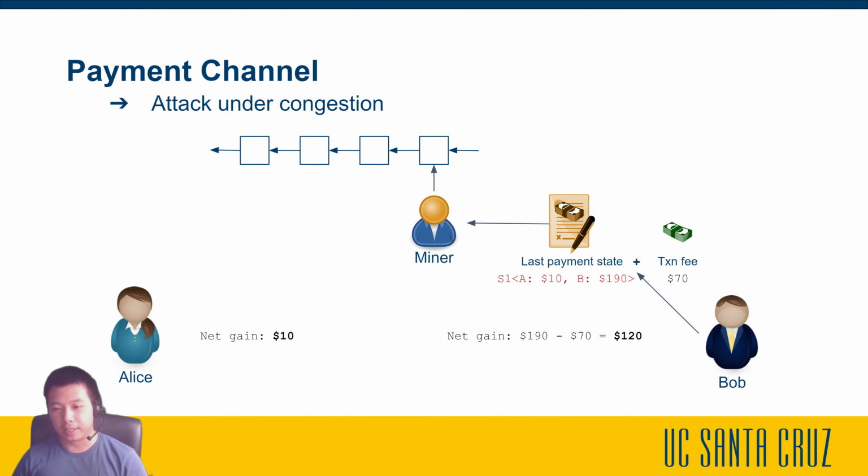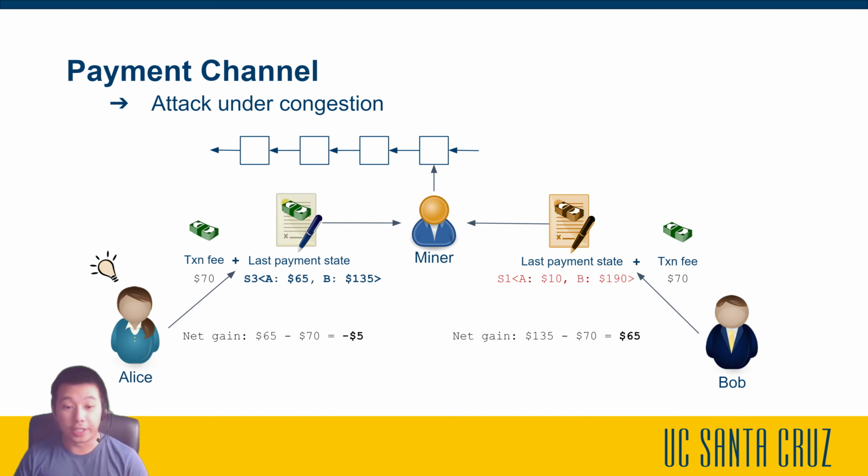Going back to our example, suppose the network is congested and the transaction fee is $70. Bob now performs the same attack, and Alice has two options: to dispute or not dispute. If she chooses to not dispute, she can wait until the network becomes uncongested and claim $10 from the contract.